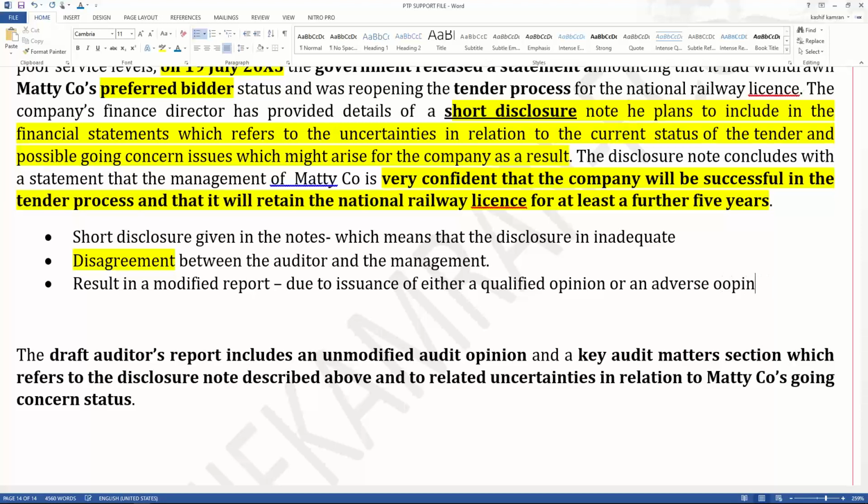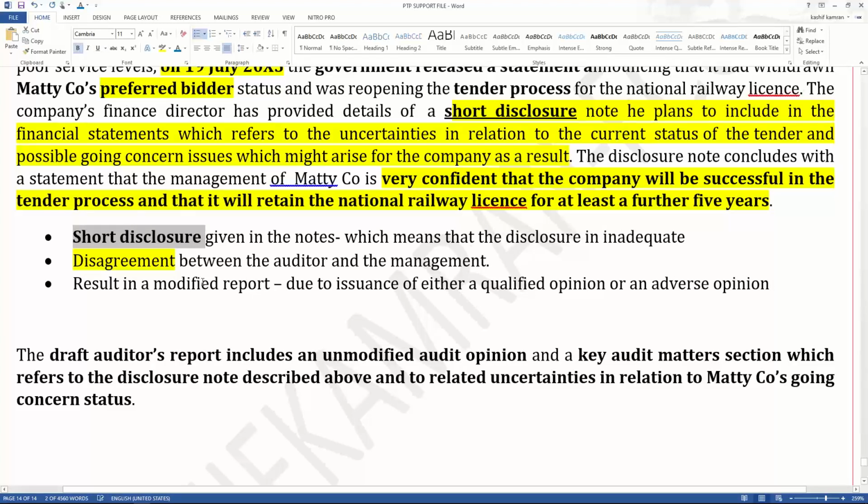If the note to the financial statement would have been adequate, then you would have given a paragraph, material uncertainty relating to going concern. But over here, the disclosure is not adequate. How can you give a paragraph relating to MURGC?